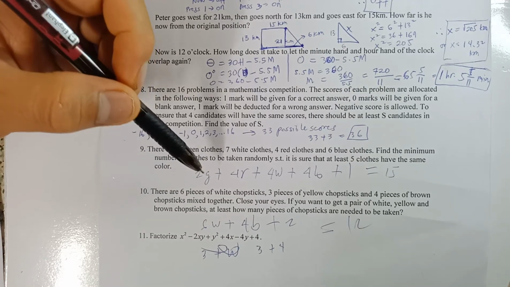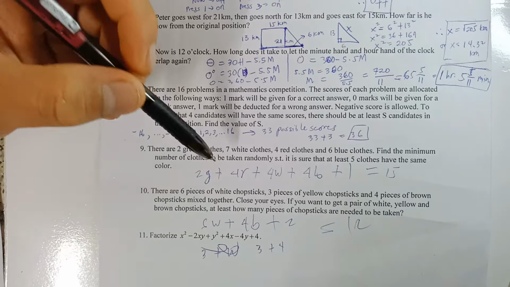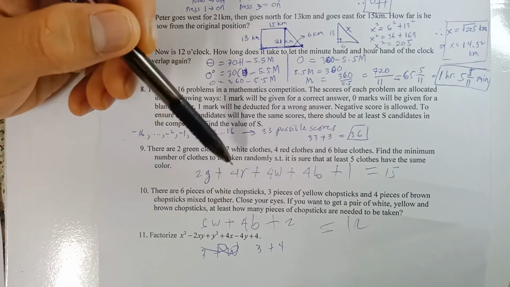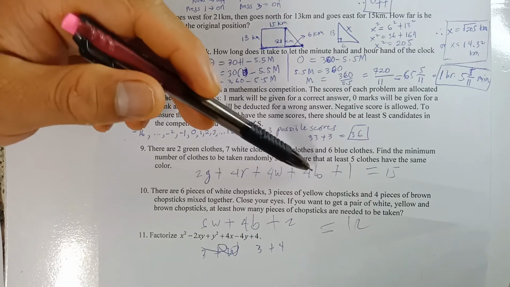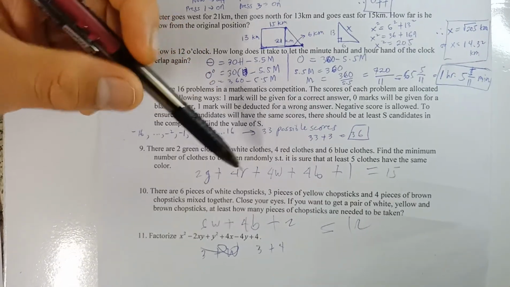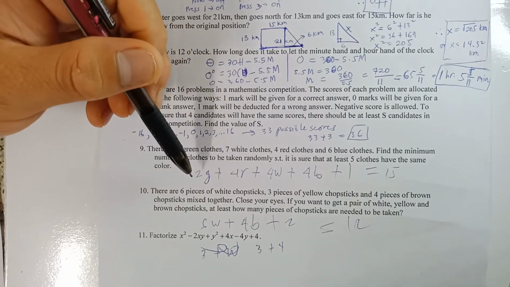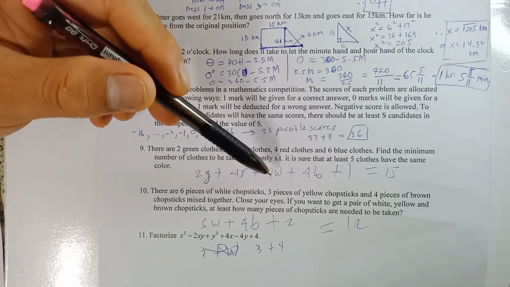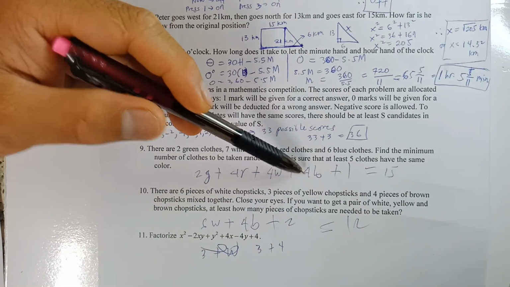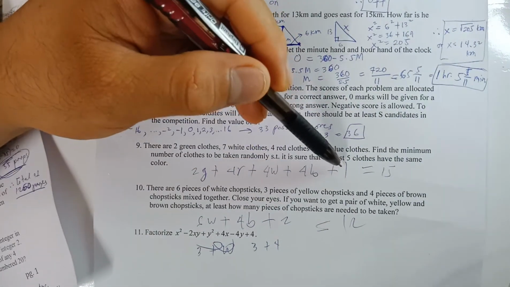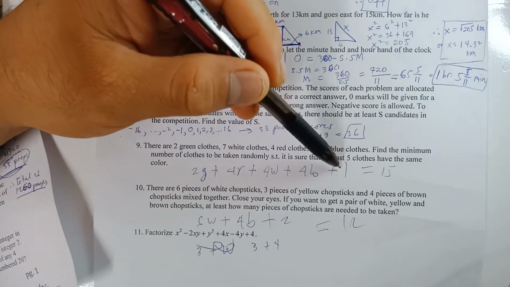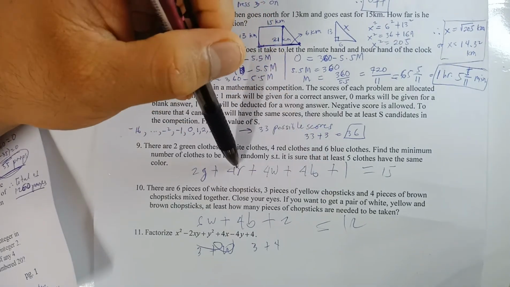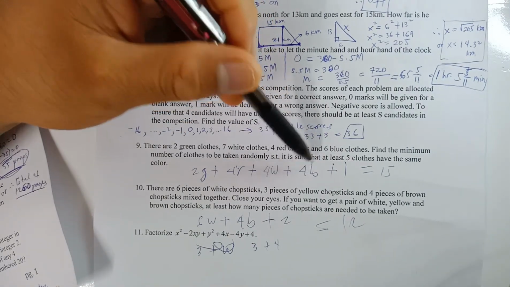So that's 2 green, and then we take 4 clothes for each other color. So we take 4 red, 4 white, 4 blue, and then we add one more cloth, and that cloth must have a color which is either red, white, or blue.